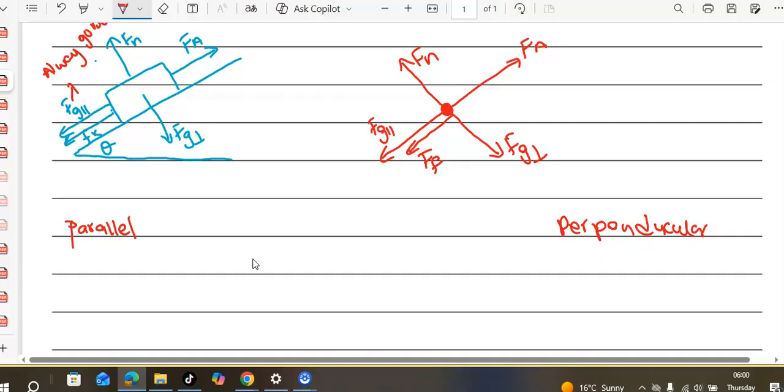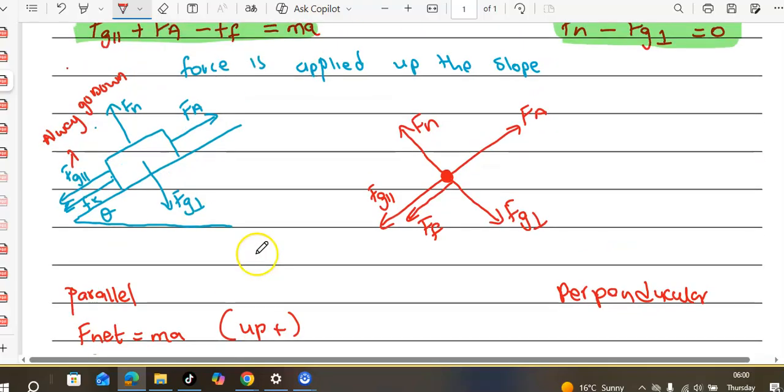Okay. Right. So on the parallel, first things first, let's choose the direction of the motion as positive. F net is equal to MA. So if up is positive, we take the applied force, we subtract all the forces that are going down, and equate this to MA.